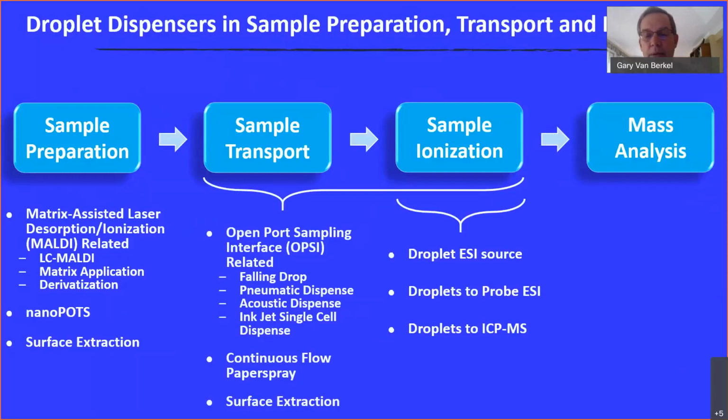And of course, there are droplet dispensers that have been used for direct ionization, droplet electrospray ionization sources, droplets to different types of probes that emit ions, and droplets to inductively coupled plasma mass spectrometry, which has been used for a couple of decades for either single cell or different metal particulate type analysis in that area.